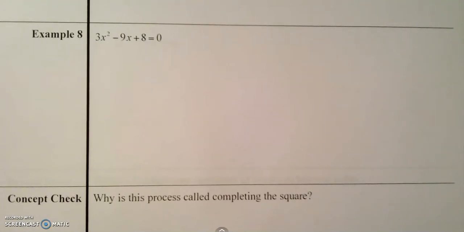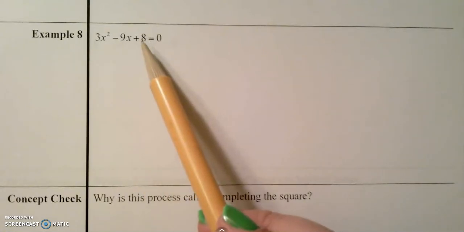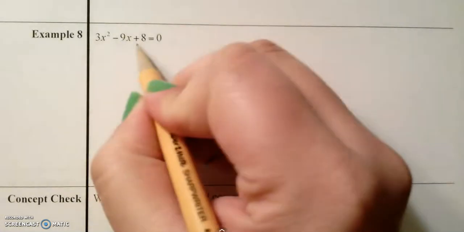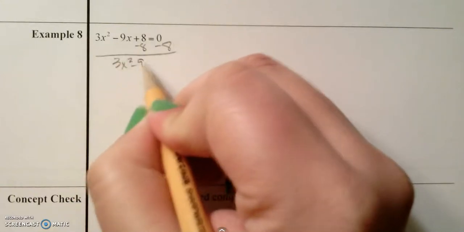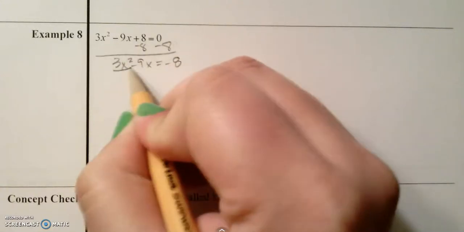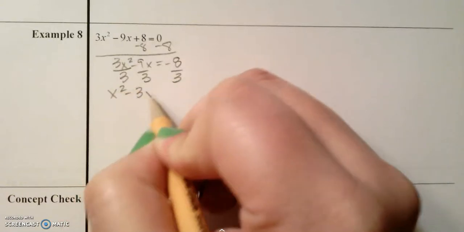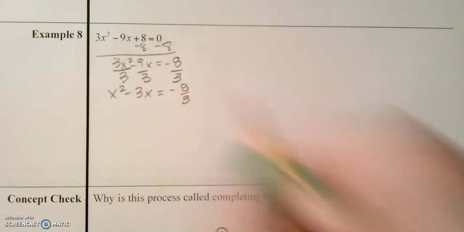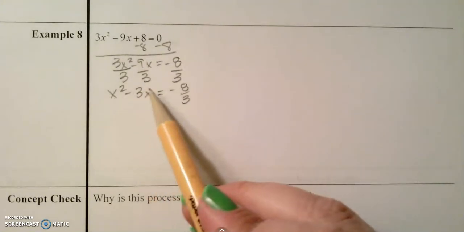So on example 8, we see the same kind of setup. This is a trinomial that's not factorable, so we're going to complete the square. Minus 8 on both sides. 3x squared minus 9x is negative 8. Divide everything by 3. X squared minus 3x is negative 8 thirds. Now notice I have this binomial.